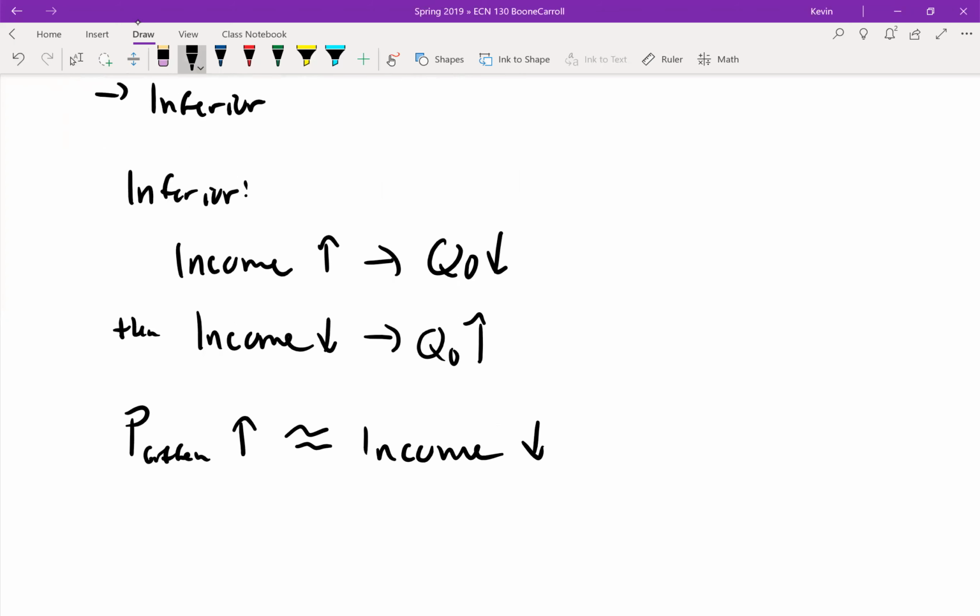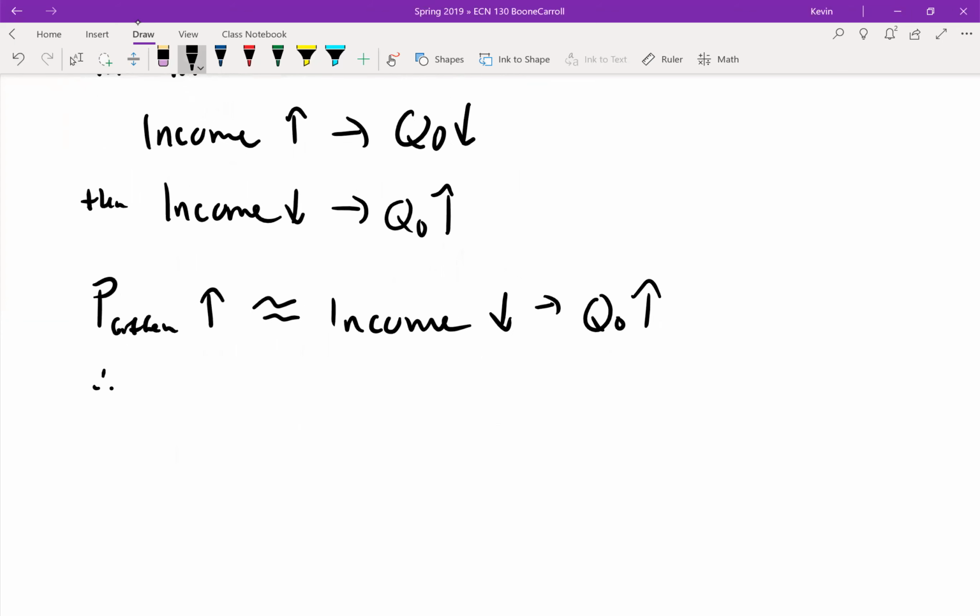Because if, say, gas goes up to $10 today, and everything were to double in price overnight, I don't have the same purchasing power, so it's similar to my income decreasing, which causes our quantity demanded to increase. Therefore, the price of the Giffen increasing leads to the quantity of the Giffen also increasing.